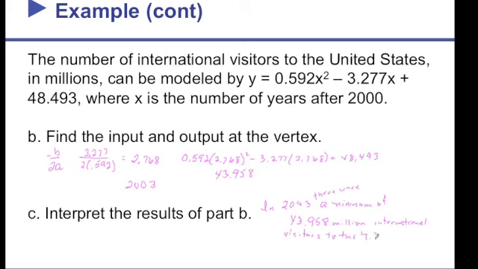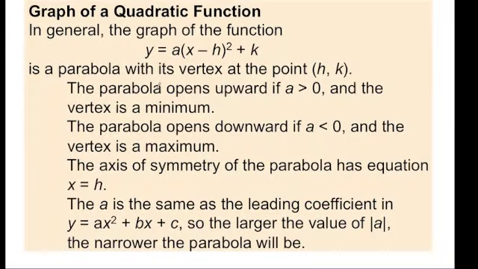In general, the graph of the function y equals a times x minus h squared plus k is a parabola. Now this is another form of the y equals ax squared plus bx plus c, but only the a value here stayed the same.